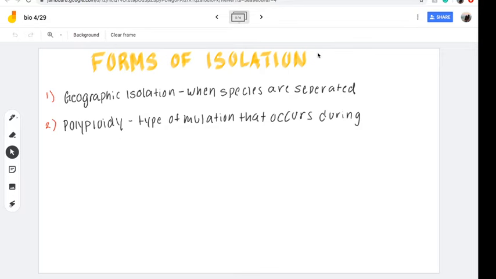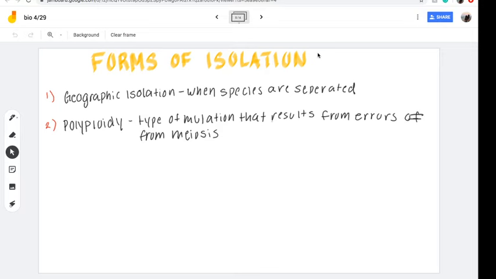Instead of being haploid or diploid, polyploid organisms can be tetraploid or octoploid.